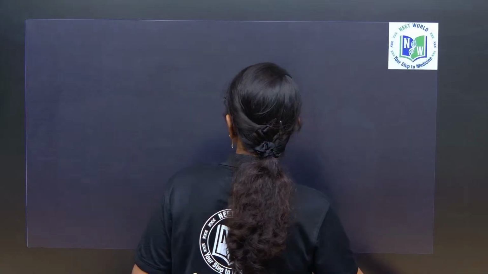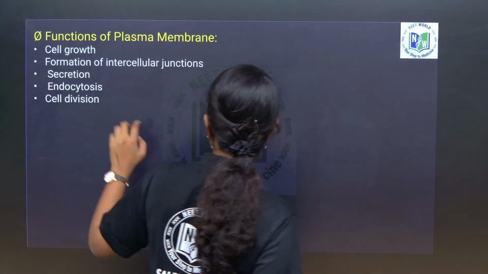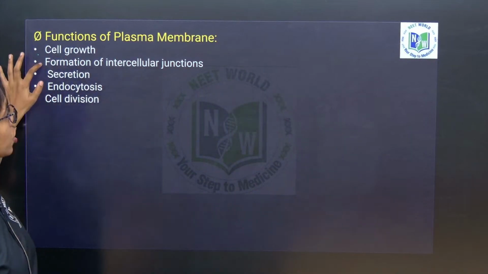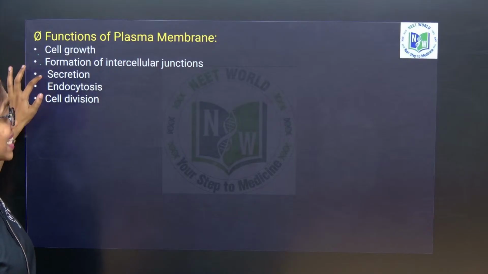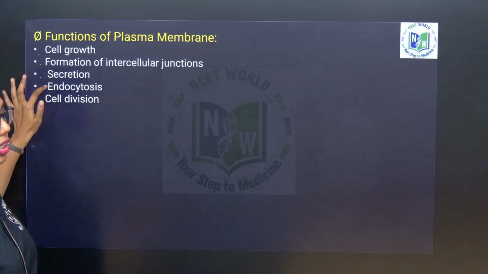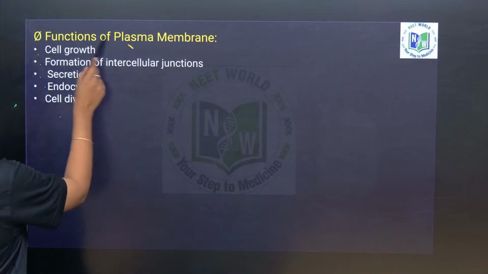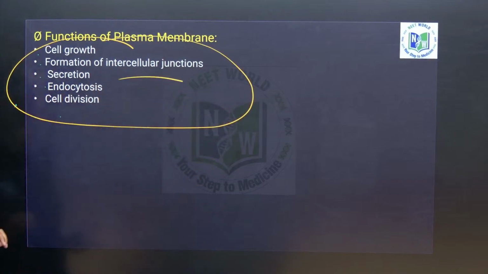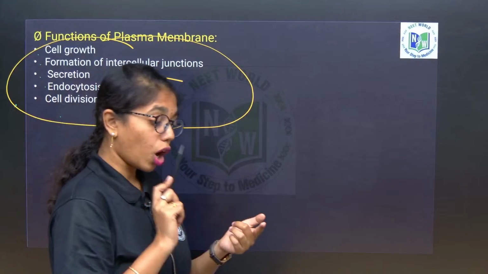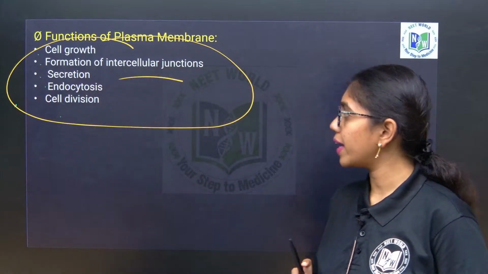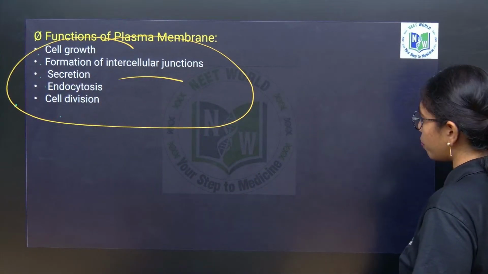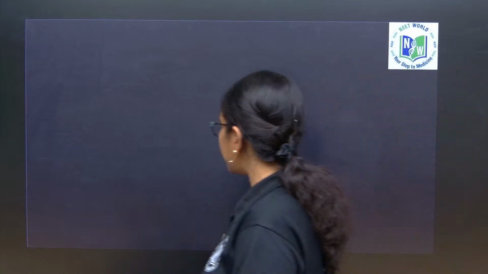The major functions of the plasma membrane include cell growth, formation of intercellular junctions, secretion, endocytosis and cell division. These are the major functions given in our NCERT, but of these, transport is very important. How does the transport take place? Listen here properly.